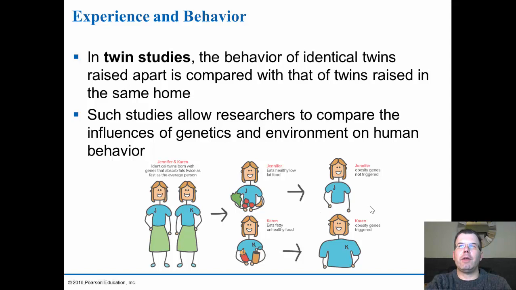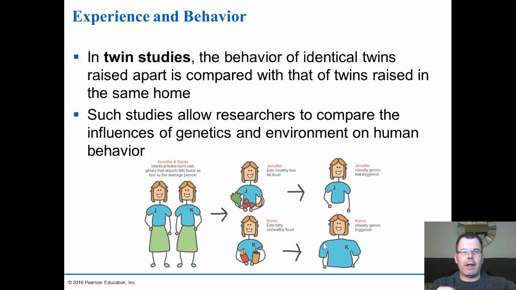Even though they have the same genetics, Jennifer did not get obesity because she ate healthy and didn't get the genes triggered, whereas Karen, because she ate poorly, now has obesity because of the genes triggered. So you can see differences in twins raised in different households. Then we can compare those to twins that were raised in the same households and see how that also responds. This just gives us an idea.